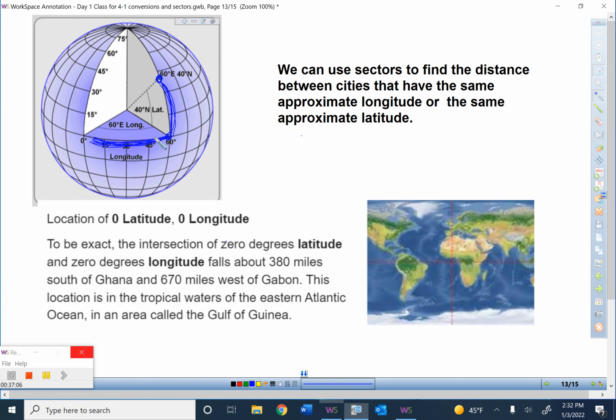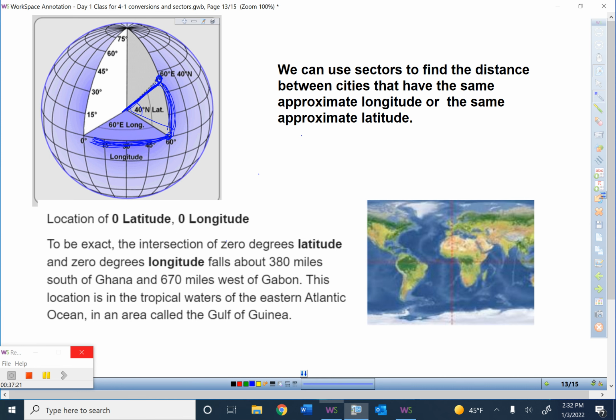Okay, if that's happening, this little piece here is a sector because it's marked by an arc from the core of the Earth. Okay, well, if it's a sector, then what we need to deal with is knowing the pieces needed for that. Okay, if it's distance, we're going to use circumference, and the pieces we need are the radius and that angle in between.